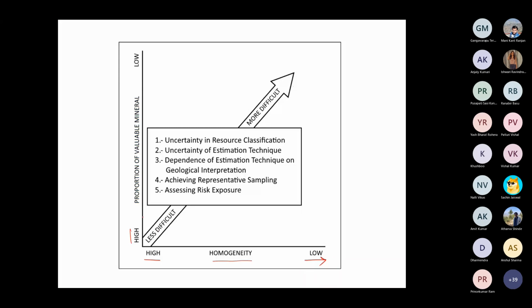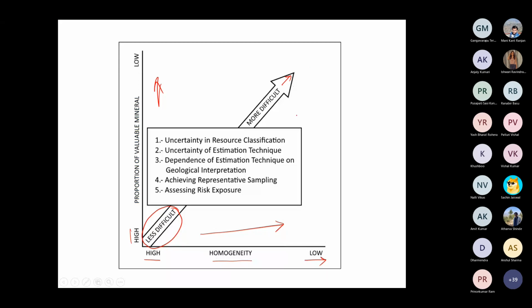If it is geologically okay, meaning grade-wise fine, and technically also acceptable, then what happens? It is less difficult in mining. But if the difficulties in both respects increase, then if you see in 2D, in case of uncertainties and heterogeneity, it becomes more difficult. Why?